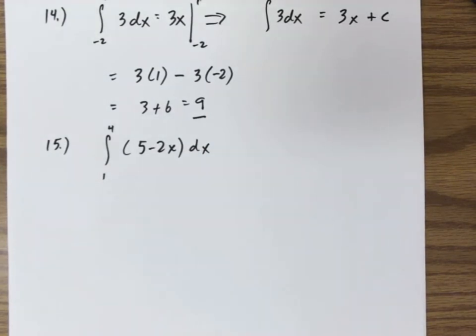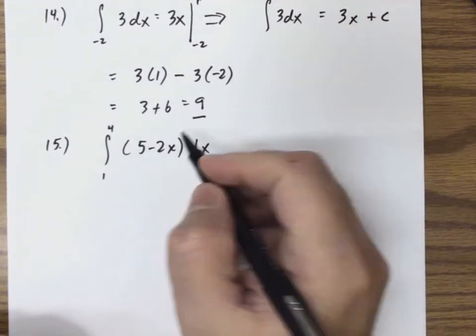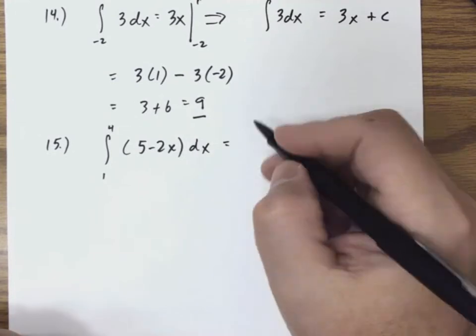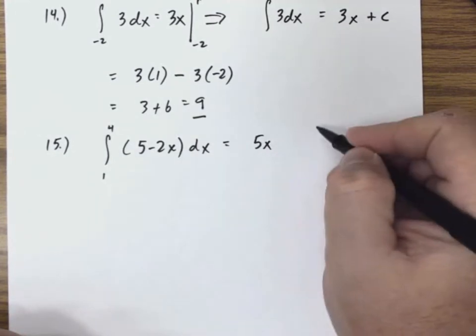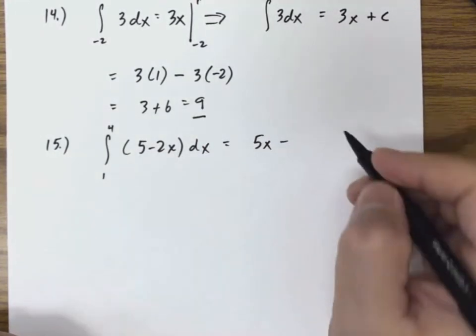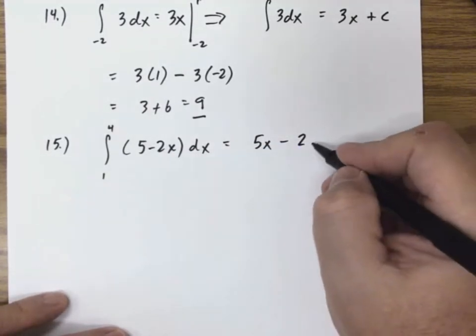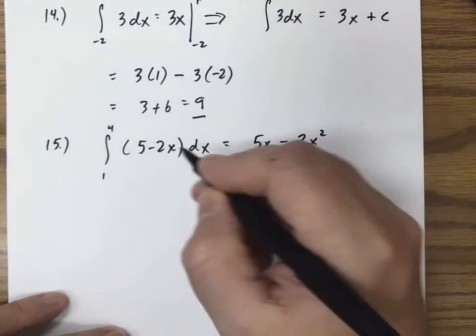So the first step is to take the integral, to try and solve the integral, and then we worry about all the numbers after we figure out the integral. So this is like 2 terms, so we integrate them separately. The 5 becomes 5x, then minus the 2, we use a power rule here, right?